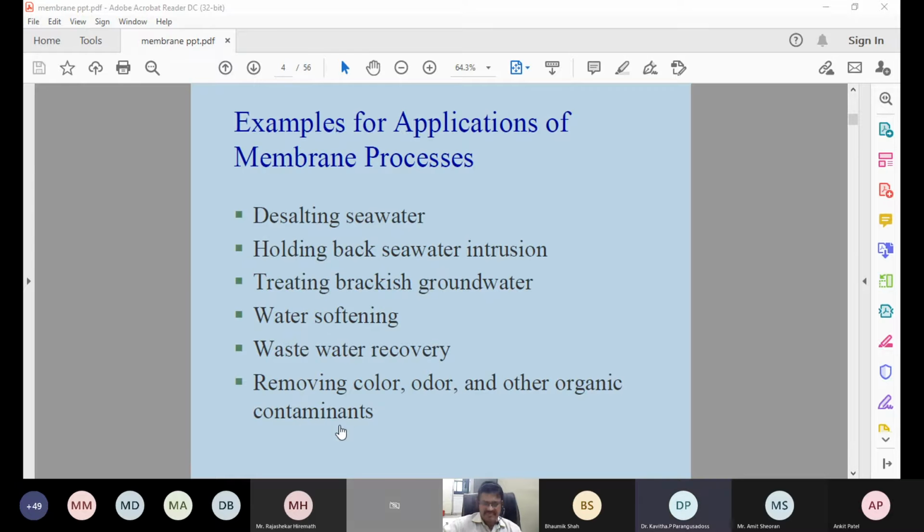Now, next is, this TDS, that dissolved solids, is due to what? Do you know what is the content of these dissolved solids in the water generally? The dissolved solids mainly contain salts, like calcium, magnesium, sodium, or anions like nitrates, sulfates, chlorides.